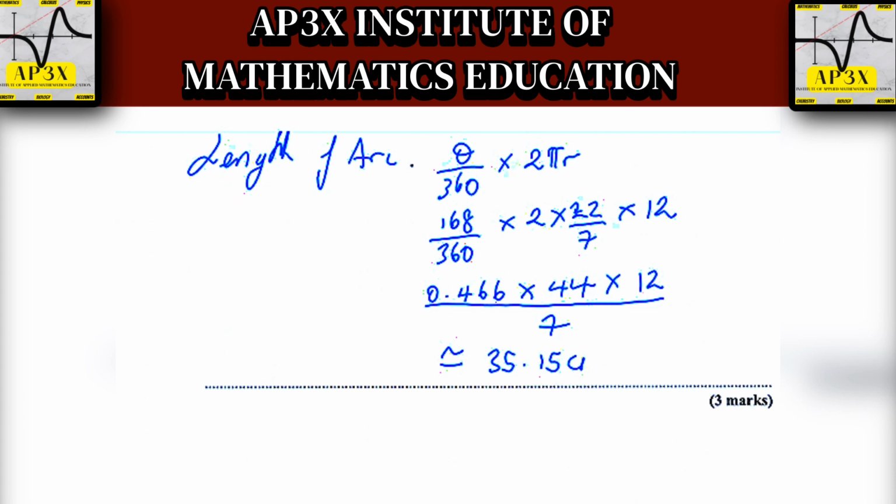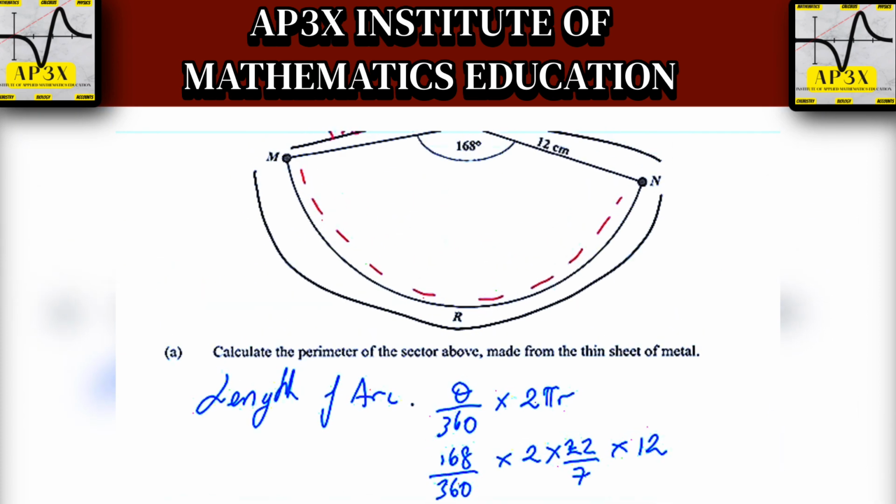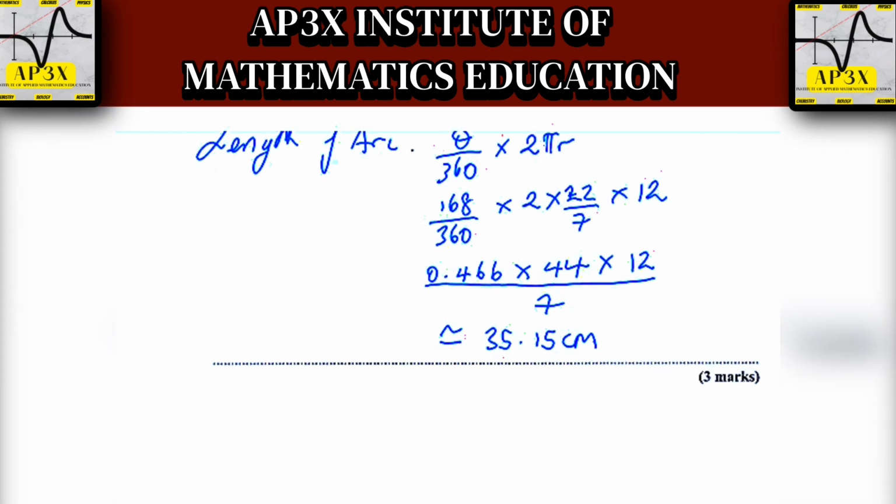Centimeter. Let's double check if it's this unit. Centimeter. That is correct. So that's the arc length. So therefore the total perimeter of this particular display is equal to 12 times 2, or 12 plus 12, plus 35.15.